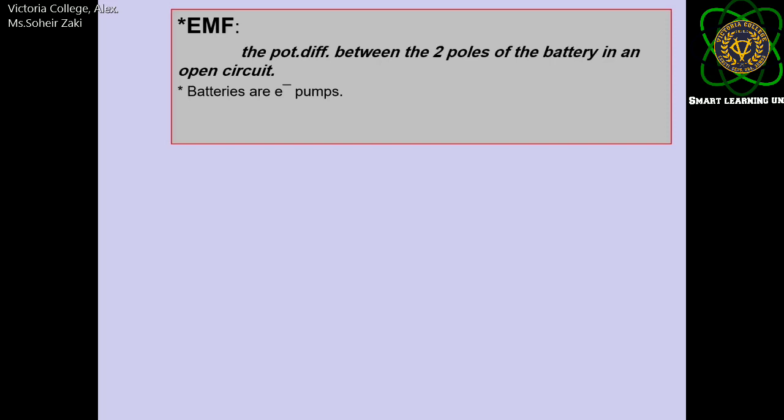It pumps out the electric current, so it must have its electromotive force, which is the potential difference between the positive and negative of this battery. They provide a voltage difference to the circuit that this battery will connect to.